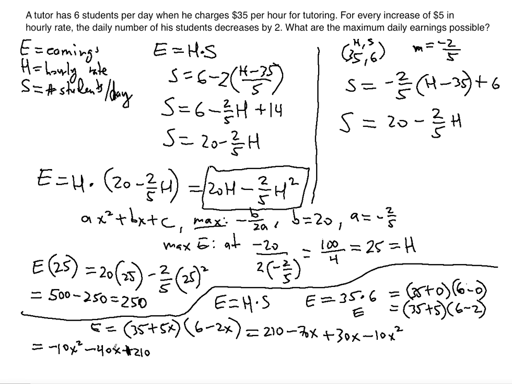We're going to use the minus b over 2a, right? So it's going to be max E, minus b over 2a. So let's substitute. The b is negative 40, so minus negative 40, right? Because there is already minus 40, and we negate that as well because it's negative b over 2 times a, and a is negative 10, right?